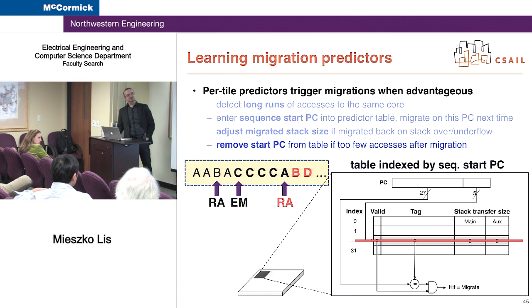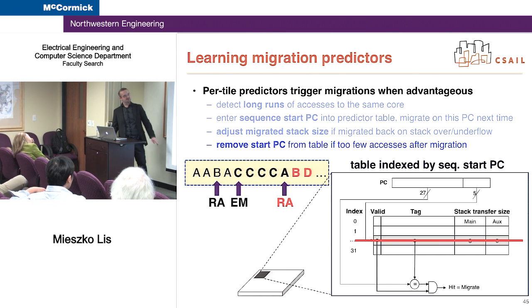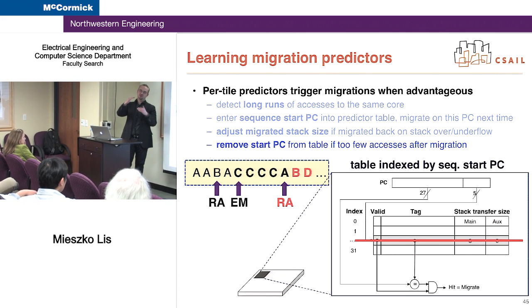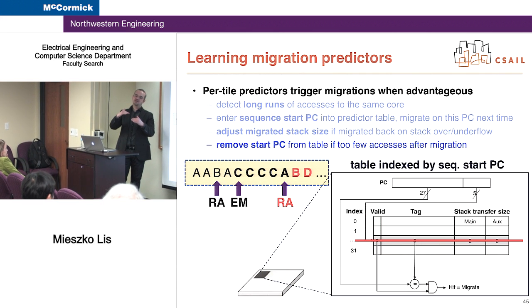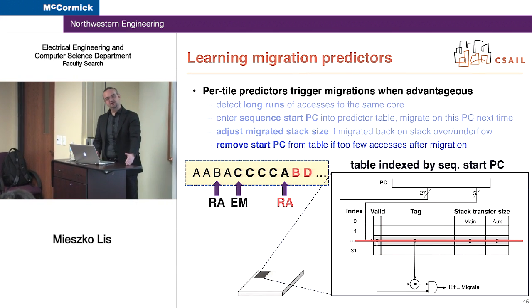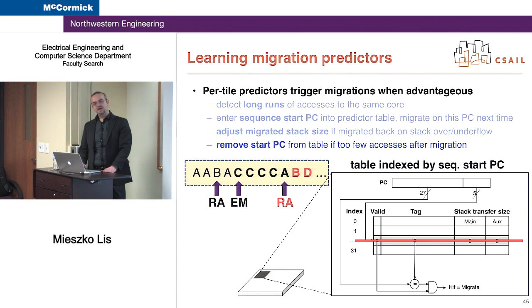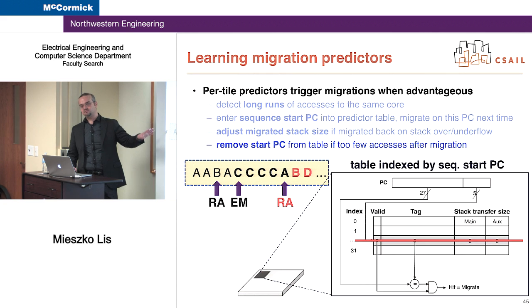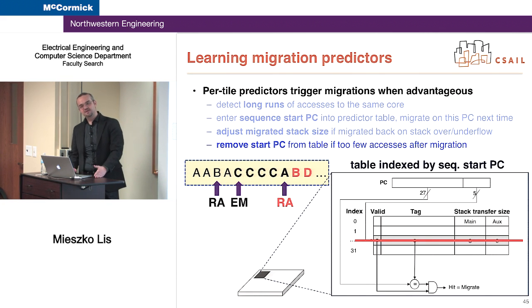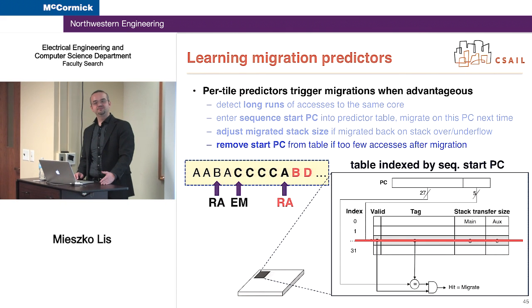In the benchmarks that we have run, one measure is the number of local memory accesses that you're going to do after migrating. If there are enough local accesses after migration, then you're good. Because of this hardware implementation, you don't need that many. You need something like 4, which you can amortize.